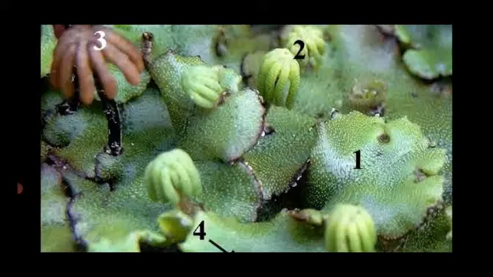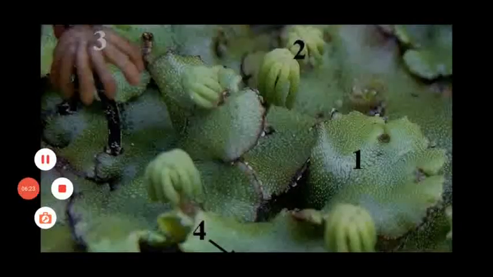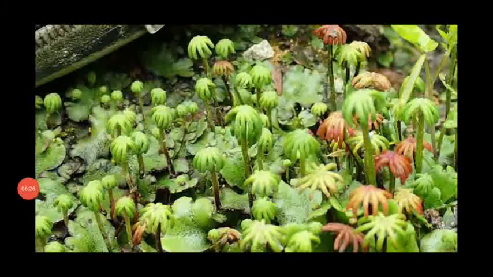So the antheridiophore and archegoniophore are the male and female sex organs. This is the same diagram showing the plant thalli with the antheridiophore and archegoniophore. The color variation is there, green color and brown color, showing the two sex organs.